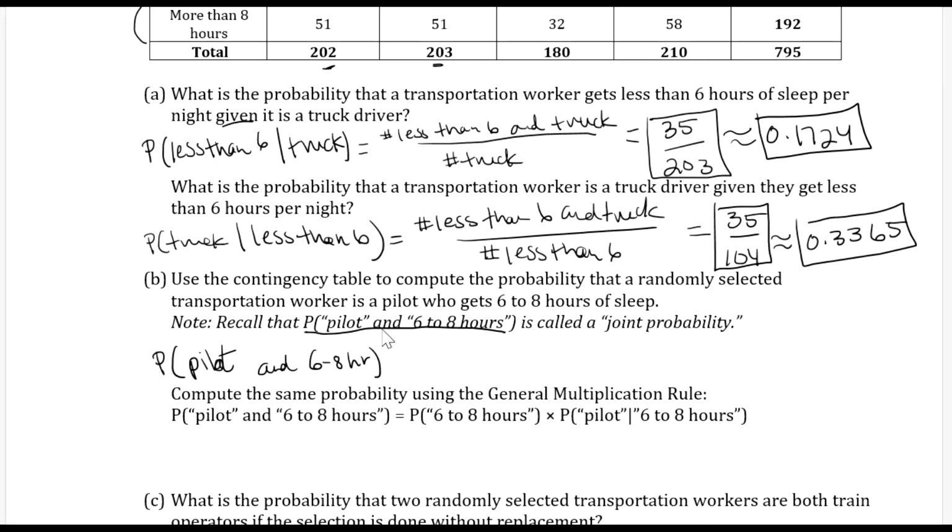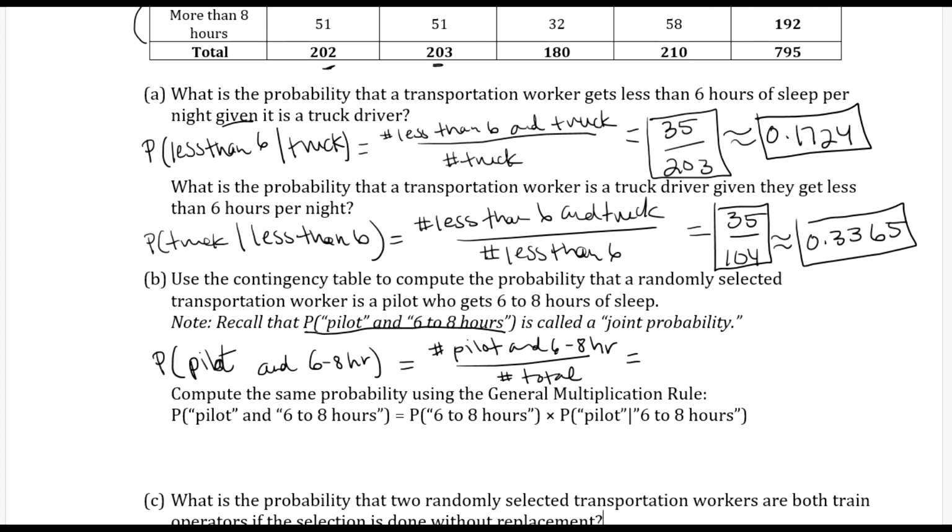Okay, we can go through and look at our table, because this is going to be the number of pilots and 6 to 8 hours out of the total number of people that we have surveyed.